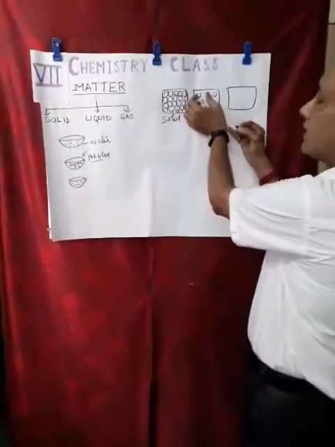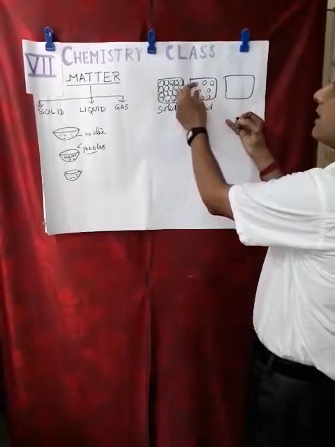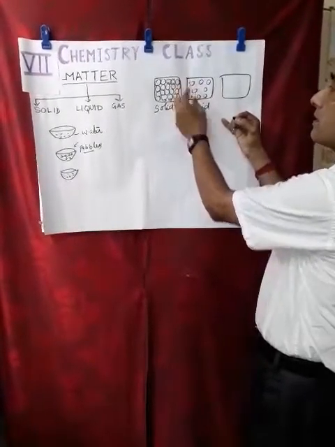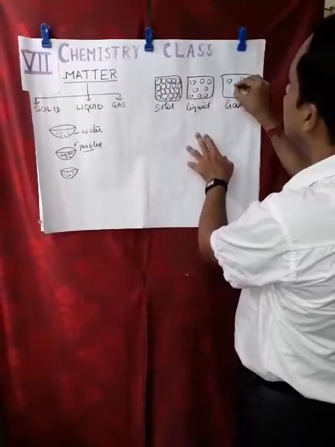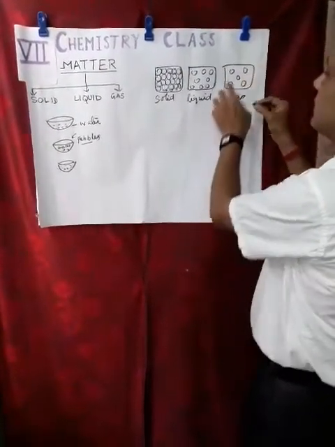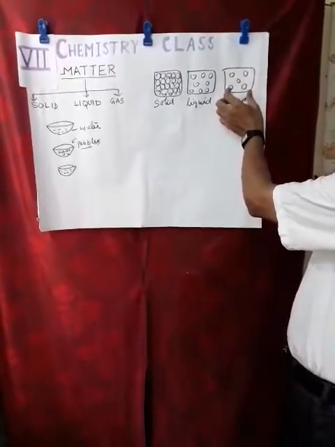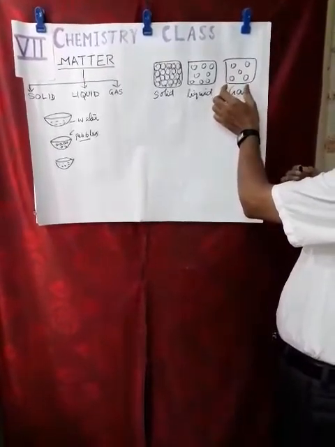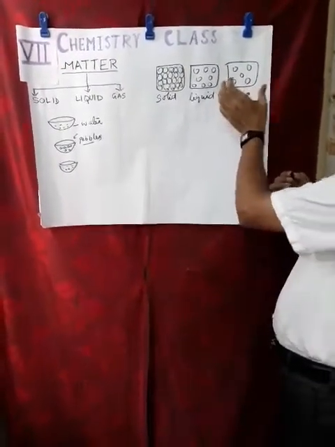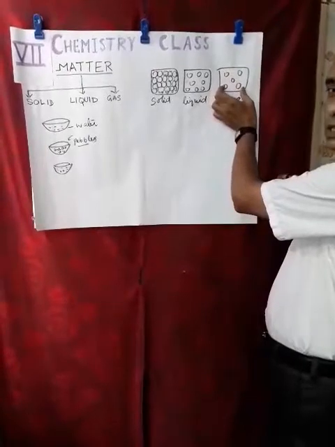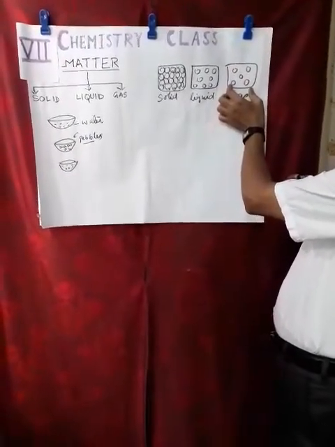The force of attraction between the particles is much less, and there is a gap between them. In case of gas, there is much more space between the particles, the intermolecular force of attraction is less, and the gap between the particles is much more.